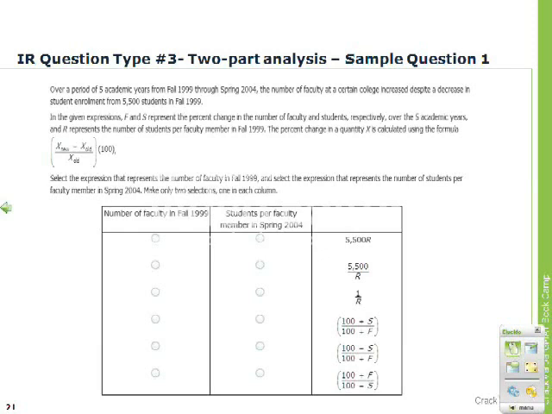So you have to find the number of faculty in fall 1999 and you have to find the students per faculty member in spring 2004. You have 5 options for this, you have 5 options for this. You select one option out of these, you select one option out of that. Which of these following is the approximate number of faculty in fall 1999?